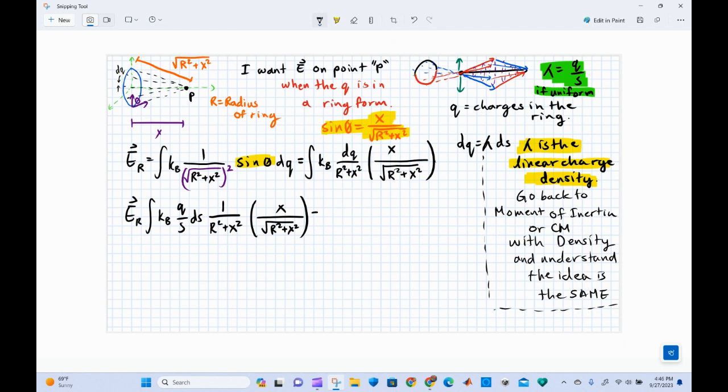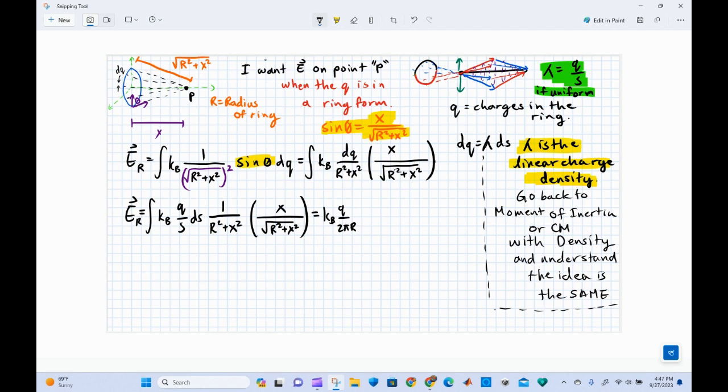Now I need to change this into a more edible piece, divided by 2 pi r, because if you unfurl that line, it's 2 pi r, right? The circumference is 2 pi r, it's the linear charge density. So as you know, in moment of inertia, we did a cancellation similar to that.